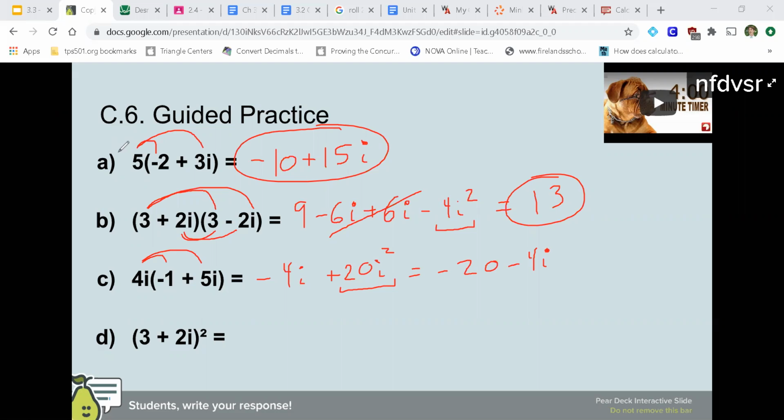Now I know what you're thinking. Mr. Lake, what if on my paper I wrote negative 4i minus 20? Is that okay? I just really want to think, is that the kind of person that you want to be? The answer is no. You want to put the i second, right? That's how they always are written. Okay, so just put the i second.